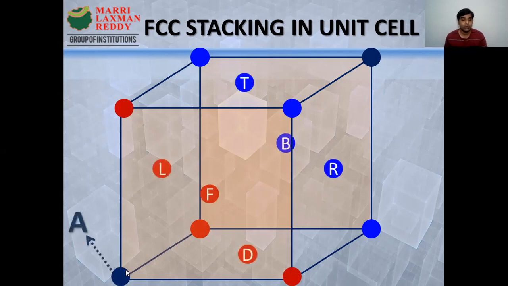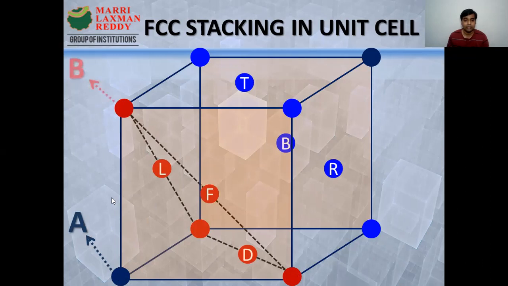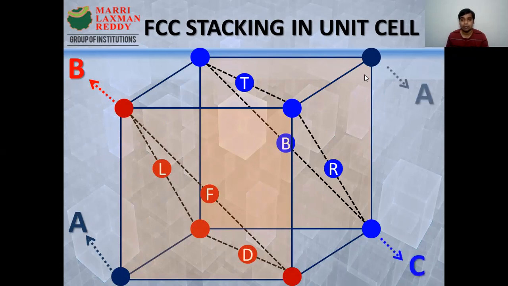Now when we consider this corner atom as an A layer atom, and here I draw the face diagonals, all these atoms are B layer atoms. Again, I combine face diagonals. These blue atoms are C layer atoms, and the remaining corner atom is an A layer atom. That means we can view such ABC, ABC, ABC stacking when we view along the body diagonal. I hope you got my point.